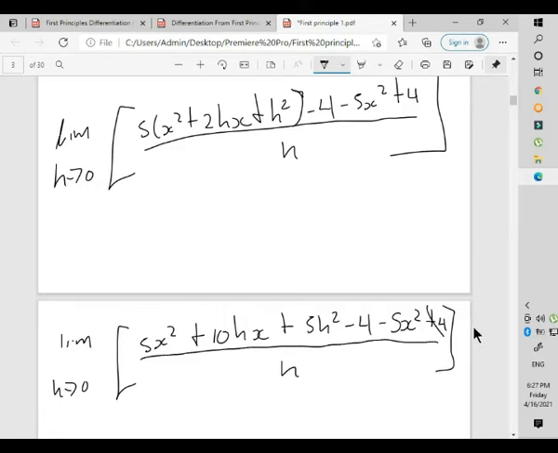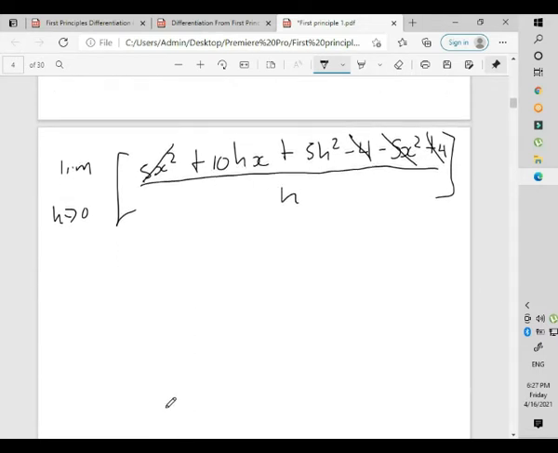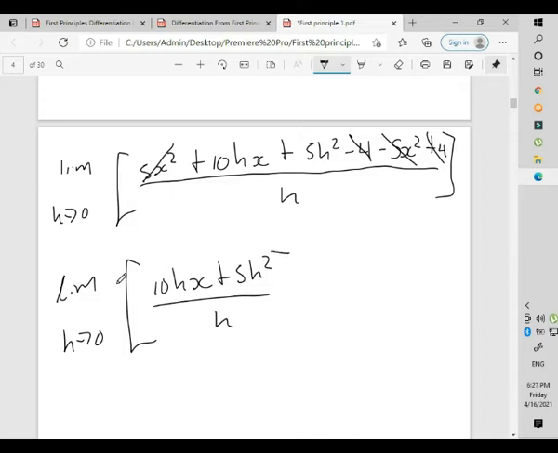So this 4 will cancel this 4, minus 5x squared would take that 5x squared, leaving me here now with the limit as h approaches 0 of 10hx plus 5h squared, all divided by h.